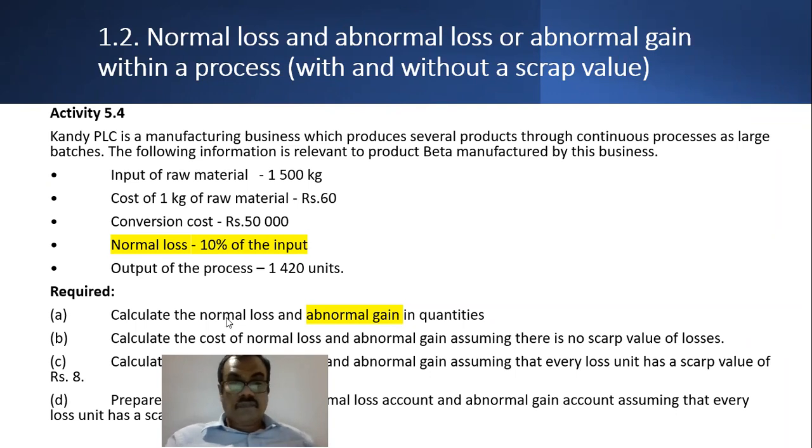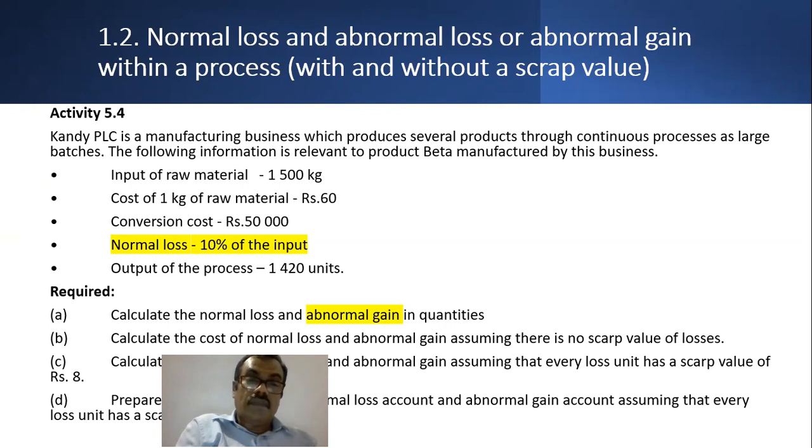How are we going to treat this? If there is no scrap value, nothing to do with normal loss. That is 150 units. If there is a scrap value, 8 into 150 should be deducted. That is the recovery cost. It should be deducted from the total cost.